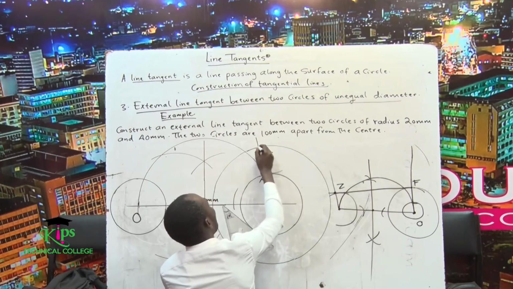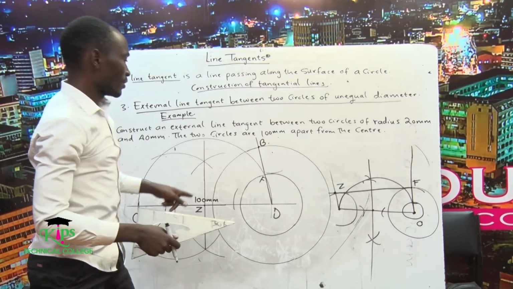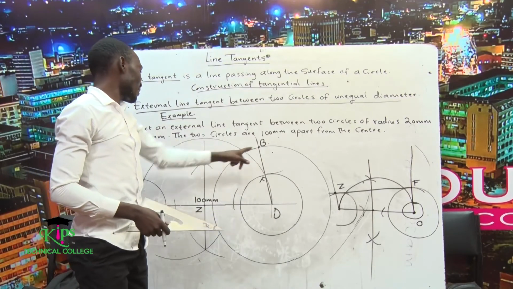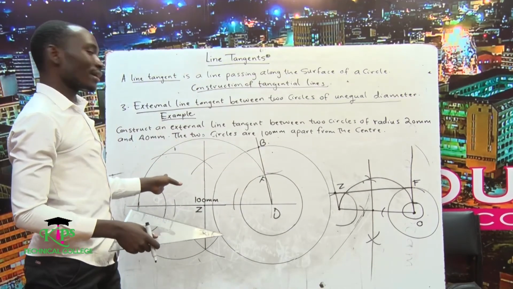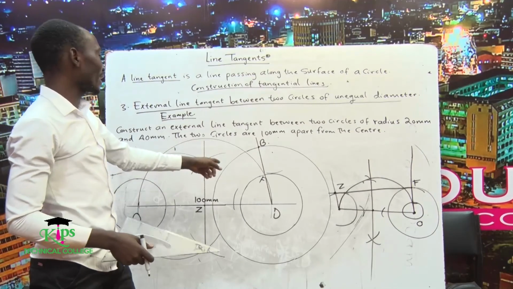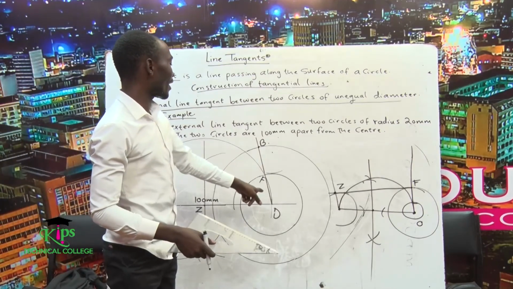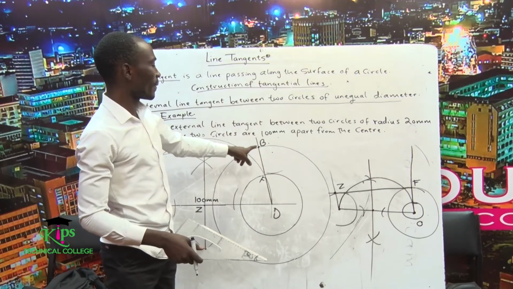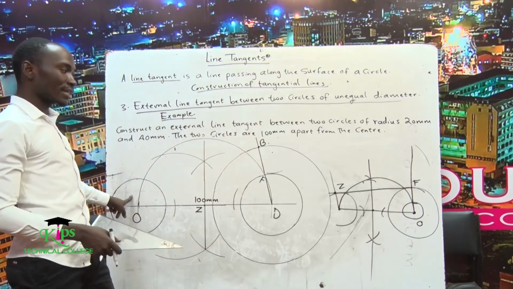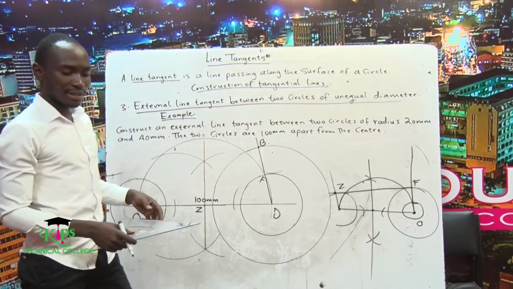Let me call this point B. So this is my point B. Again, I should draw a line which is parallel to BD from this point.